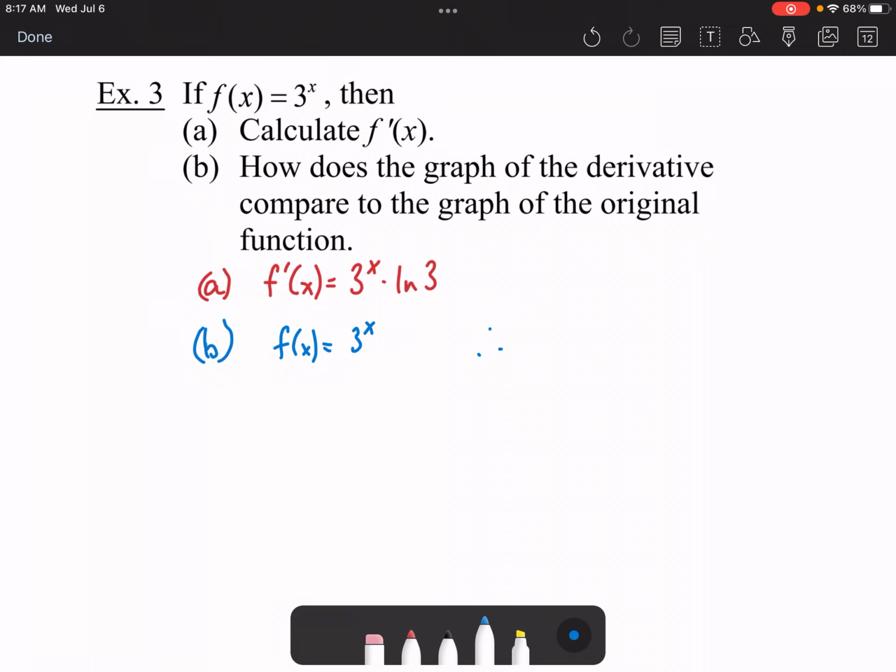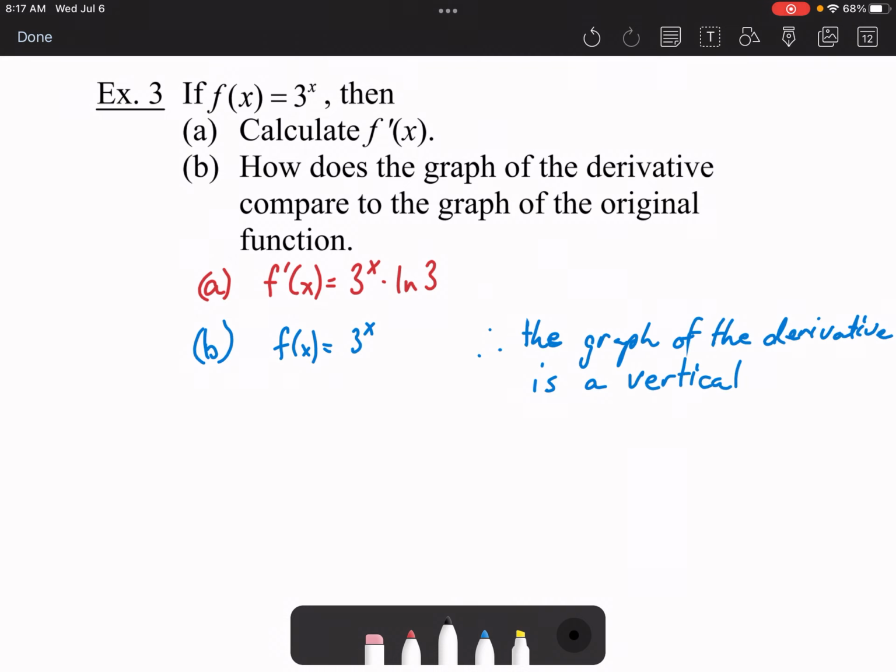So that means the graph of the derivative is a vertical stretch, because it's being multiplied right here to the function. It's a multiplication. Now calculate ln 3 on your calculator. What you'll find out is ln 3 turns out to be approximately 1.0986.